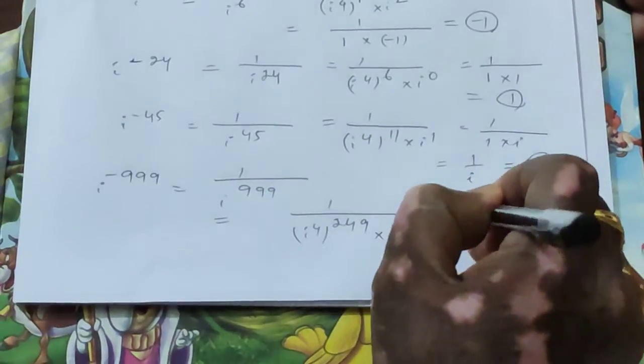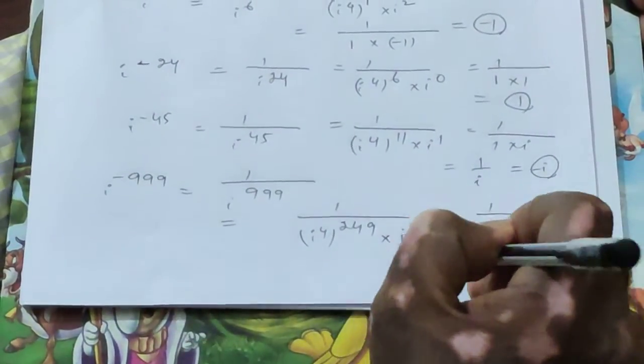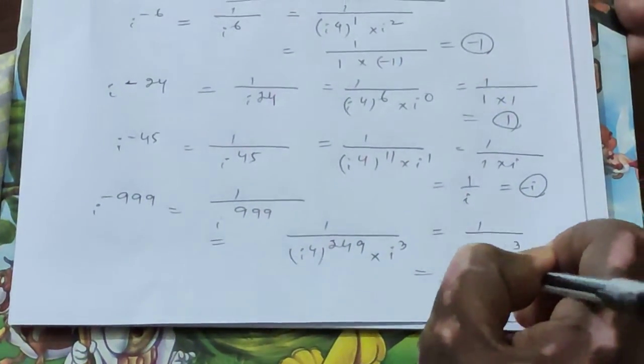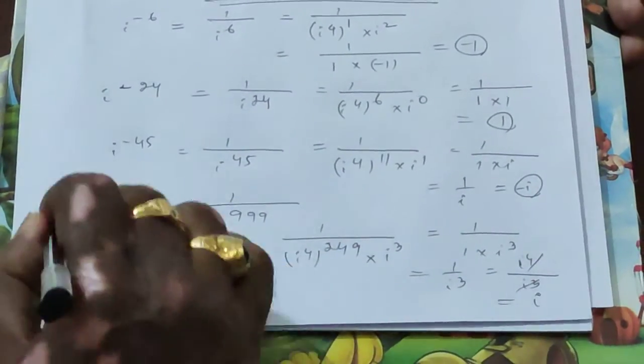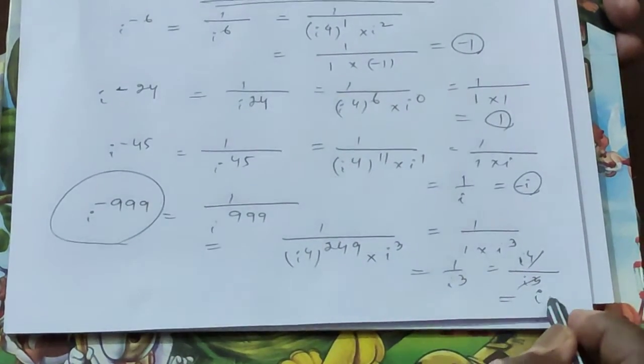This equals 1 by 1 into i cube, equals 1 by i cube, equals i to the power 4 by i cube, equals i. So i to the power minus 999 equals i.